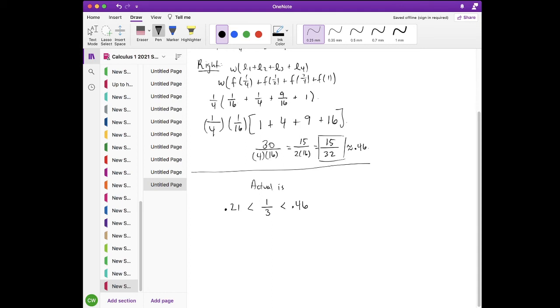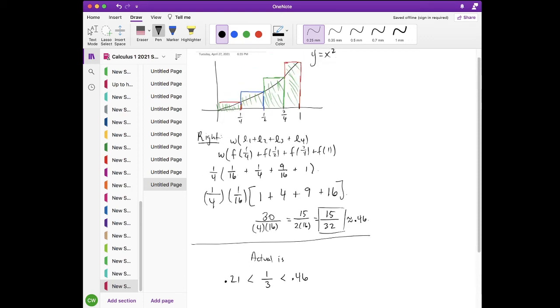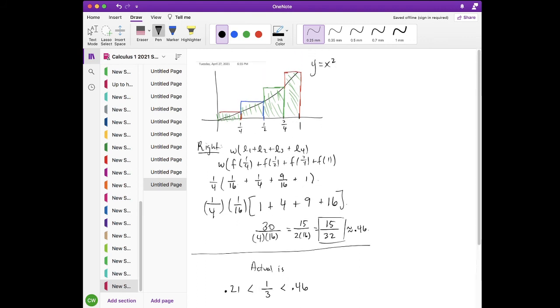Okay, so can someone tell me how we could get closer to 1/3? How could we get closer to the actual area? Yeah, we could do midpoints, but maybe we don't want to do midpoints yet. And it's not necessarily going to be the average, so we don't know how far apart they are from 1/3, or from the actual, respectively. So I used 4 rectangles here, right?